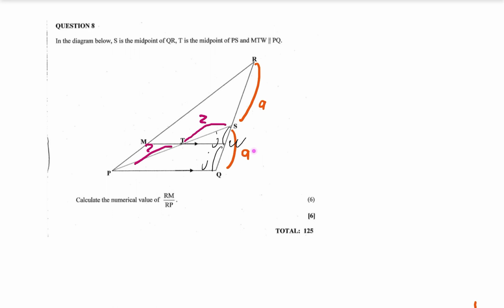You can change it either in terms of J or in terms of A. I'm going to choose J, because the first thing I'm looking for is RW, and RW is composed of this part and this part which has a J. So I can somehow find this part, and then I'm also going to find RQ.